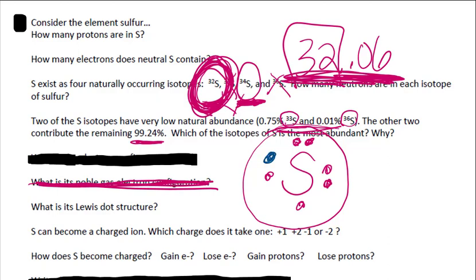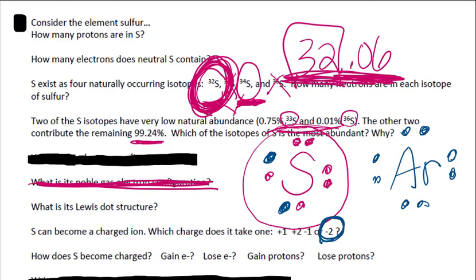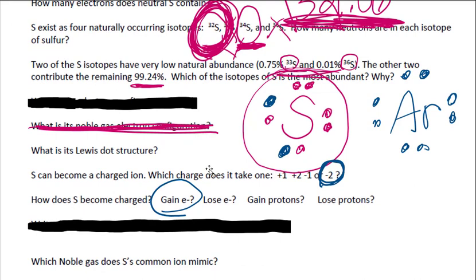So if it were to gain an electron here and gain an electron here, so gaining 2 electrons, it would have an electron configuration like argon, right? Argon has 8 valence electrons, and it's only 2 more electrons than what sulfur has. So if it gains 2 electrons, it's going to become a -2 charge. And we're gaining electrons. And if I'm just going to scroll down here, we know that sulfur's common ion is going to mimic argon.